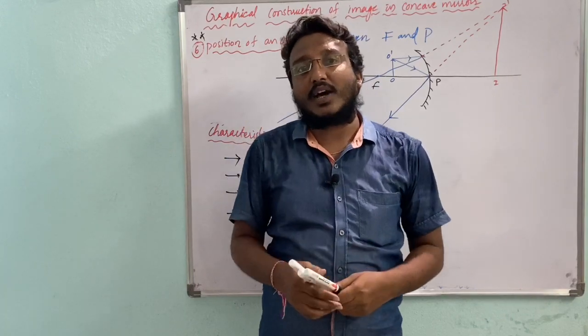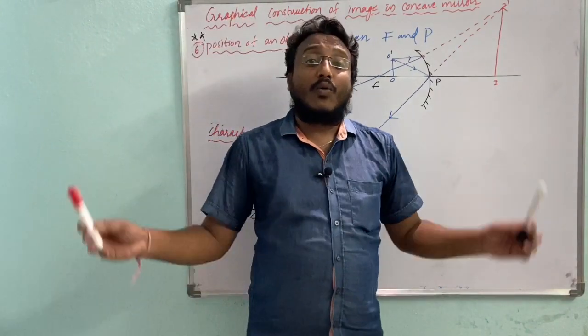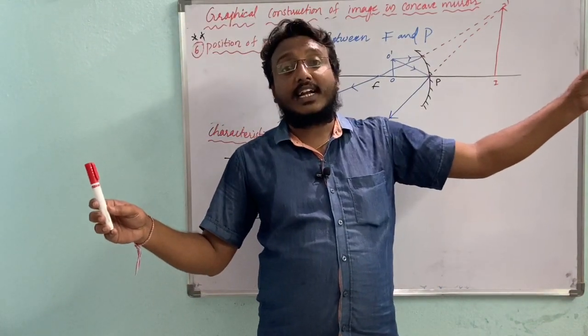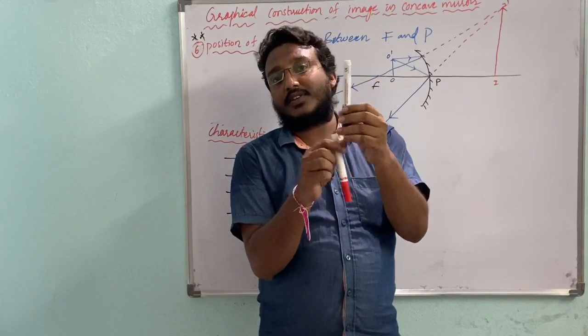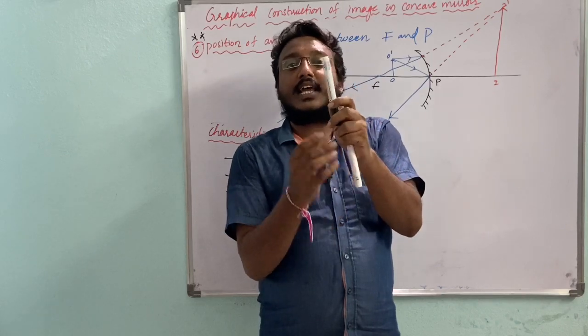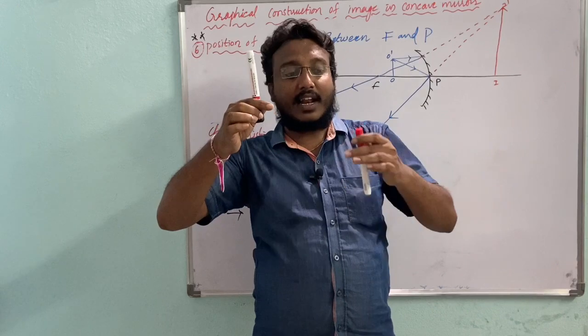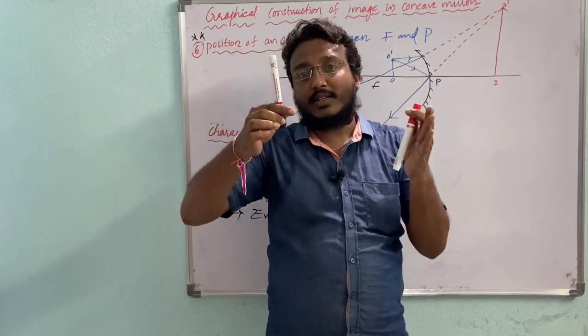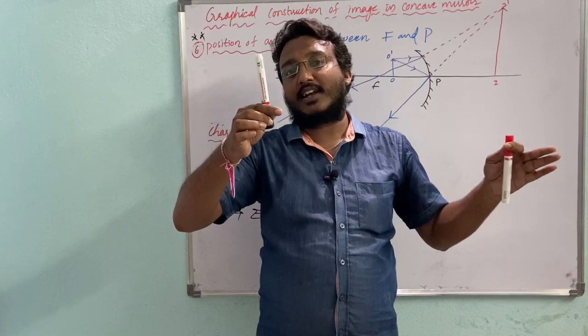When the object is on the center of curvature, the image is also formed on the center of curvature. When the object is between the center of curvature and focus, the image is formed beyond the center of curvature.